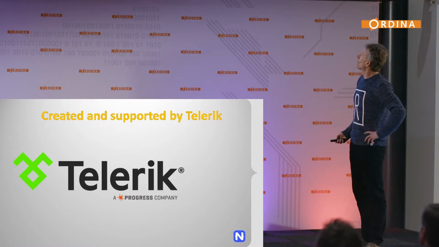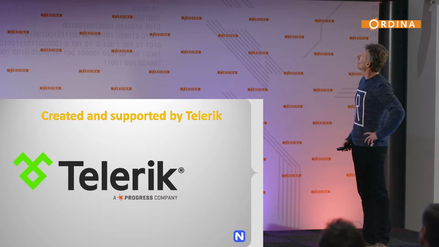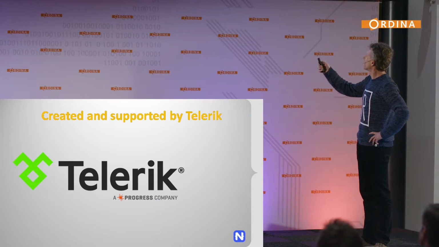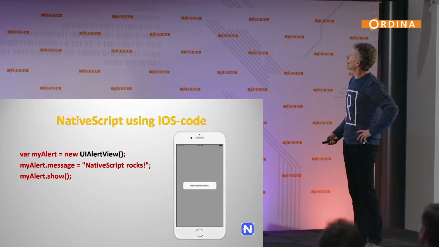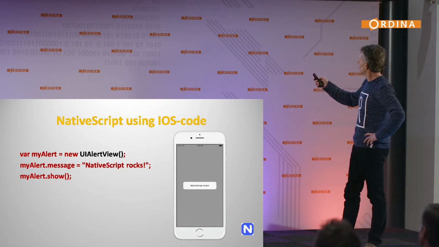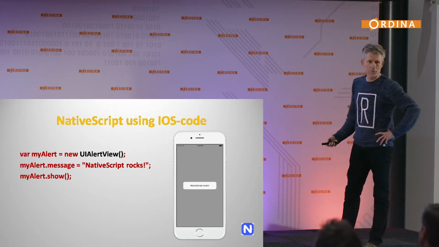You see a very simple NativeScript example using the iOS code directly. Here I instantiate an iOS object and fill a message property and show it on the screen. You can write the same kind of code for Android.